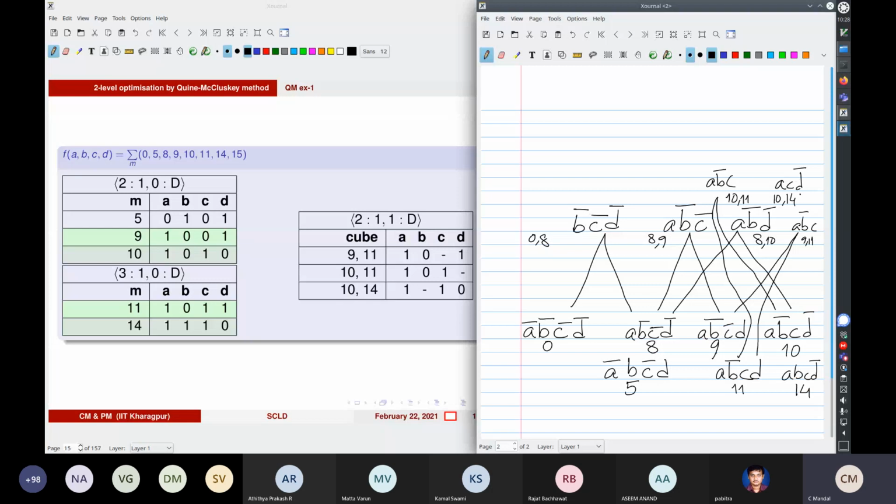So let us just see, this is... have I written 11 correctly? Yeah, 14. So I'm combining, yeah, ACT bar.